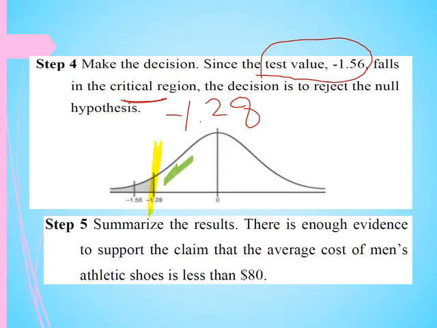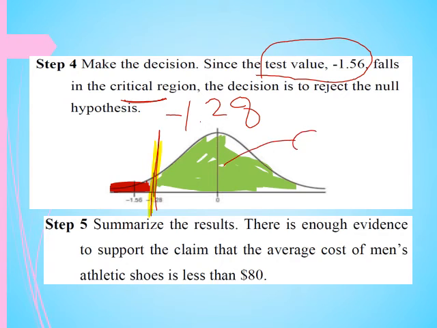The green points are the accepted area or accepted region, which is the non-critical region, and the other area is the rejected one here on the left. So it's a left tail test, and the critical value separates the regions into two.